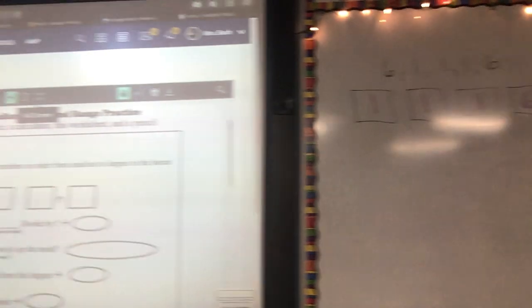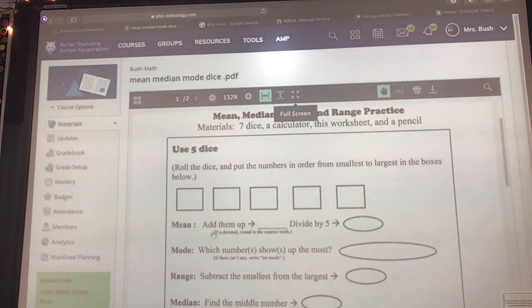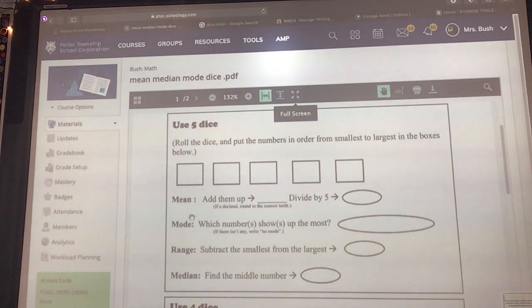All right. The next step on our worksheet now says we're finding the mean. Okay, and I like this worksheet as a practice because this one even tells us how to find the mean. It says to add them up. So let's add them. 1 plus 1 plus 1 plus 6 plus 6. What do we get when we add them together? 15. So on your paper, right here, write 15.